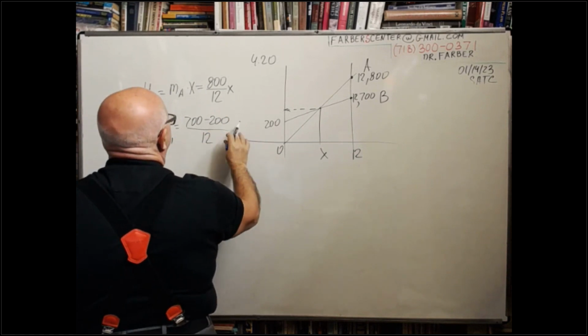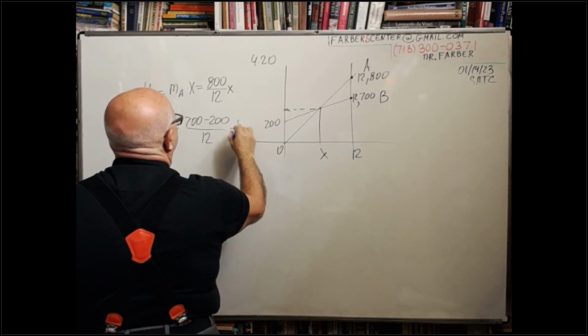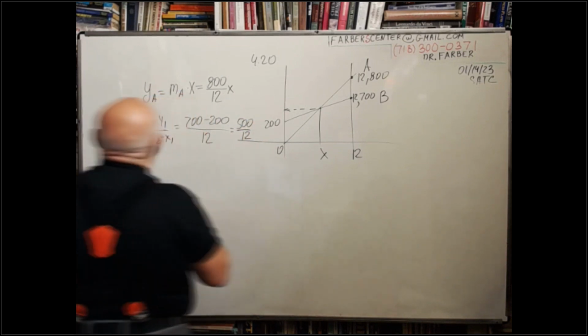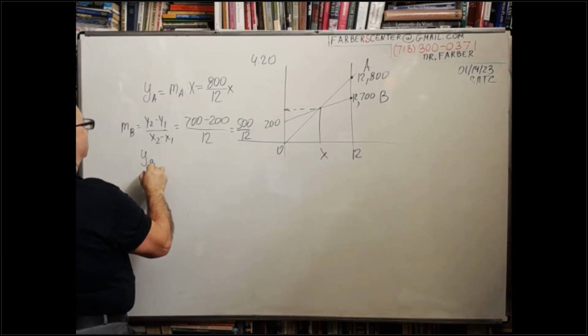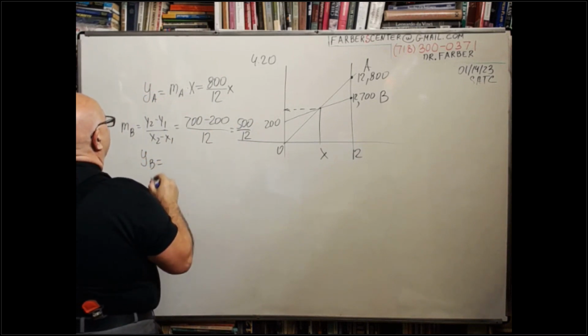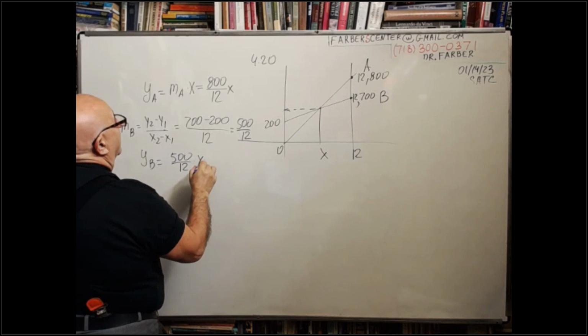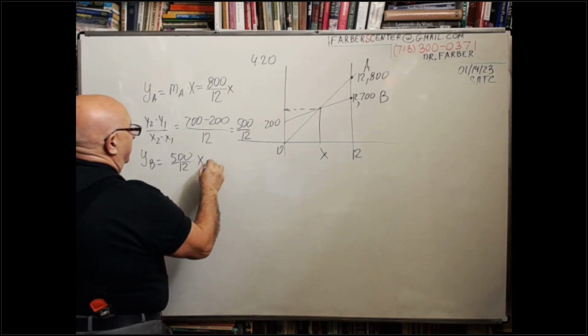Okay, so 500 over 12. Or you can write the equation of line B: MB, which is 500 over 12, times X plus 200.